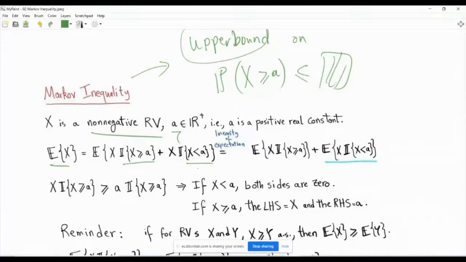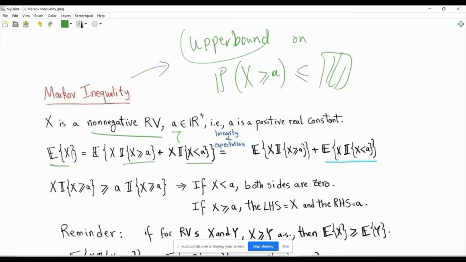So this is the first order of business. You take X, you imagine that X is multiplied by 1, and then you write this 1 as the sum of two indicators, where one of them is 1 and the other is 0. One indicator will be the indicator of X greater than or equal to a, the other the indicator of X less than a.